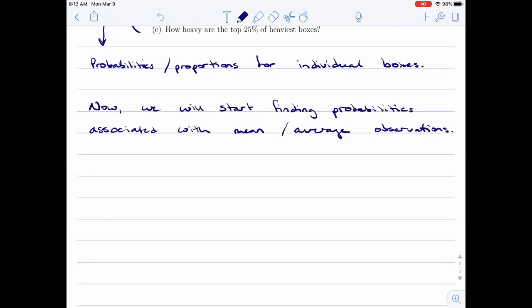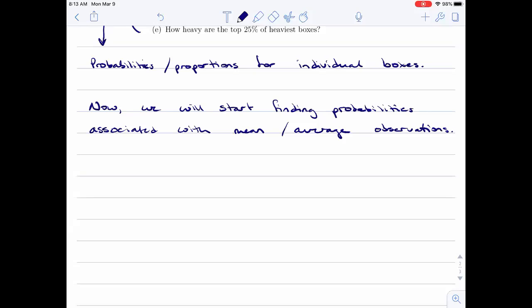As far as tackling these problems go, how they're always going to be laid out is we'll still have that first block of information that's the same as for an individual observation, and then I get you to do probabilities with an individual observation, and then I tell you in another subpart, now you've collected a random sample of this size.